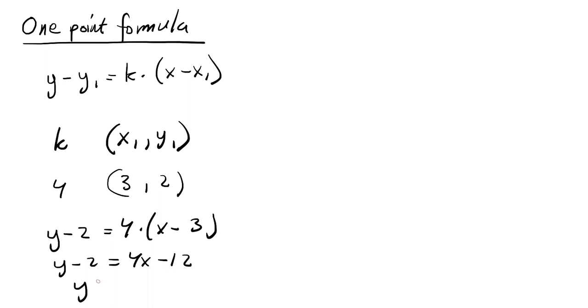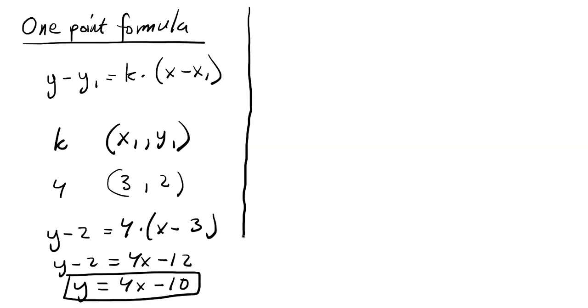And if we move the 2 over to the other side, we get 4x minus 12 plus 2, that's minus 10. And that's the same thing we had a moment ago. So you can also use this one-point formula. We leave it as an exercise for you to show that this formula holds. It's not so difficult to prove.